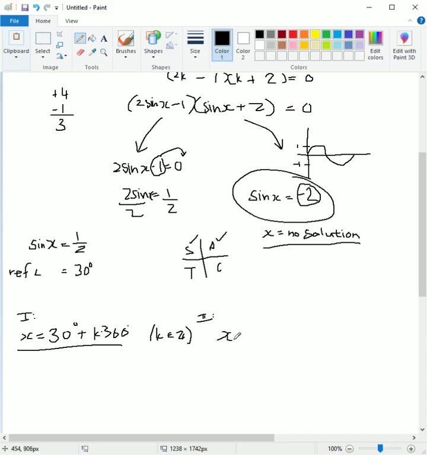Second quadrant is 180 minus our reference angle. Our reference angle is 30. Again, plus k times 360. We don't have to say again that k is an element of integers. We already said that. 180 minus 30 is going to be 150 degrees plus k times 360.